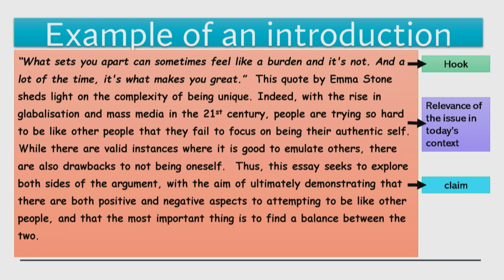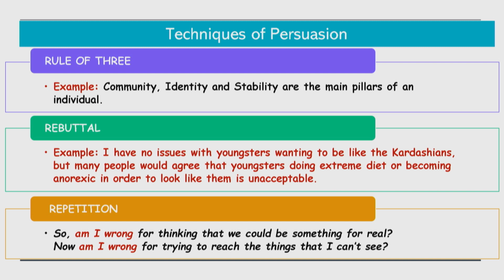Thus, this essay seeks to explore both sides of the argument with the aim of ultimately demonstrating that there are both positive and negative aspects to attempting to be like other people, and that the most important thing is to find a balance between the two. Please notice that the student clearly indicates his or her claim by demonstrating that he or she would debate on both sides of the statement.